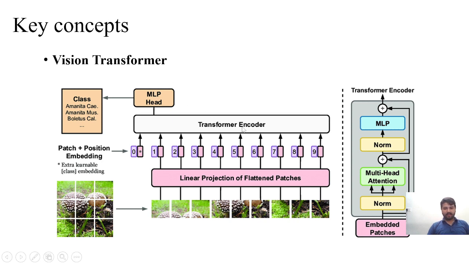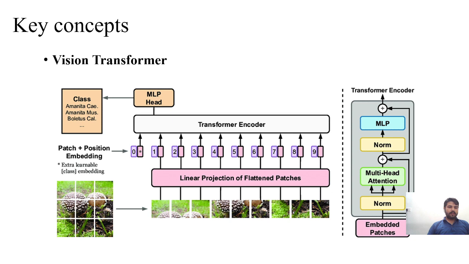In the transformer encoder, embedded patches are normalized, means the input to every block is normalized, having the mean 0 and the standard deviation 1. Then it passes through the multi-head attention, and also a residual or skip connection is there. Then it passes through the MLP head and we get the classification.